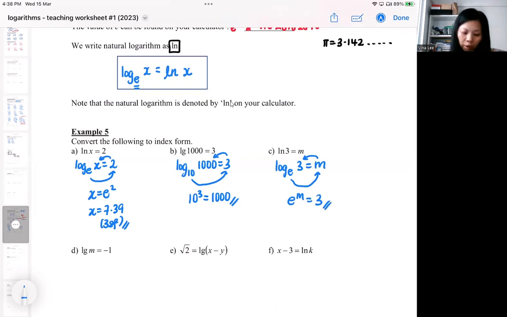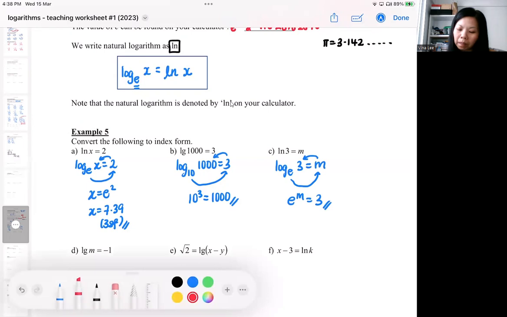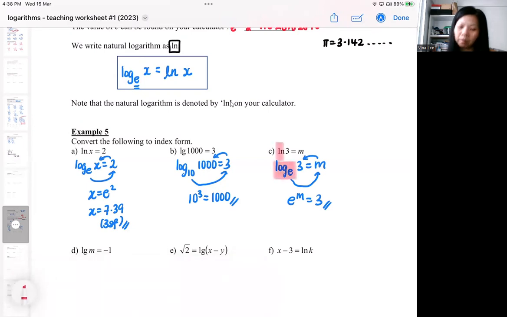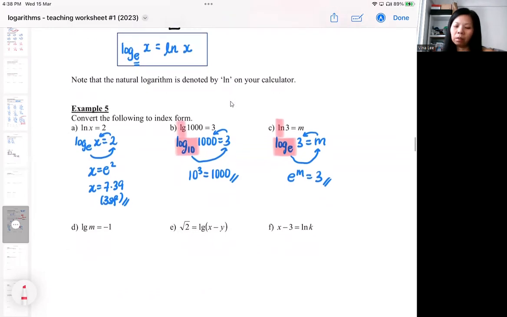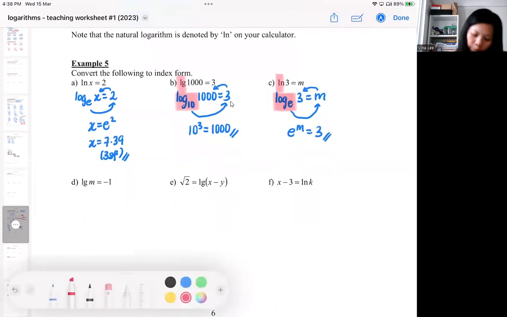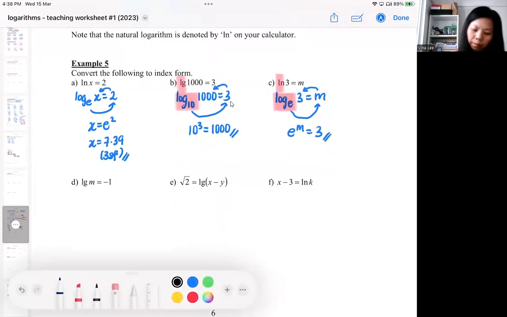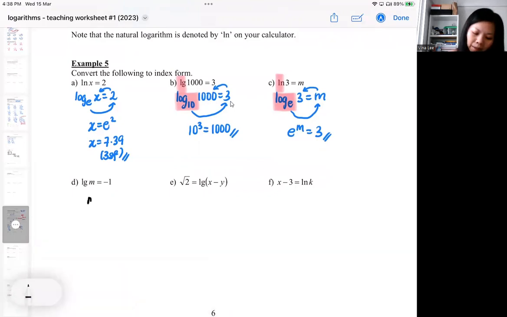How do you get used to the changing? You can write out the meaning of ln first, and the meaning of lg. But as you get used to it, hopefully you do not need to. For example, part D, lgm, that means it's base 10, so you can directly tell that it's like this.